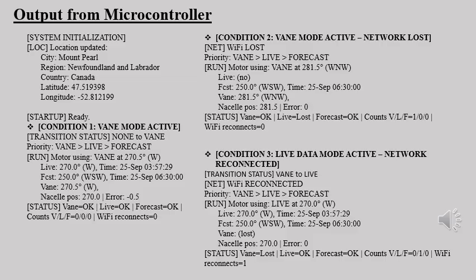The source priority is still vane, live, forecast, but because the vane is not available, the controller now uses live API data showing a wind direction of 270 degrees W. The status shows vane equals loss and live equals OK, and WiFi reconnects increases to 1. This verifies that the system can automatically recover and switch to the next best source.